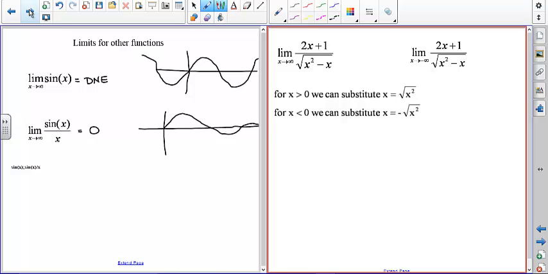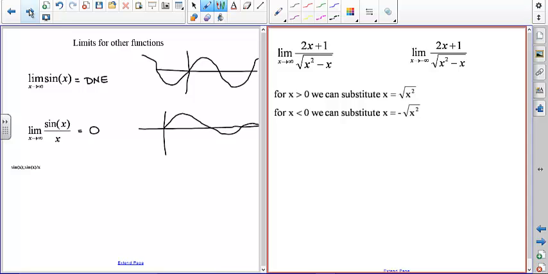You can think of it qualitatively: the denominator always has to be positive, because the square root of a positive number is positive. Whereas the numerator is going to be negative if you go to negative infinity, and positive as you go to positive infinity. So that is one way of thinking about which way the answer is going to go.